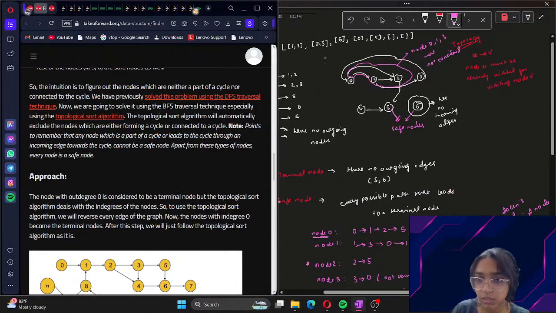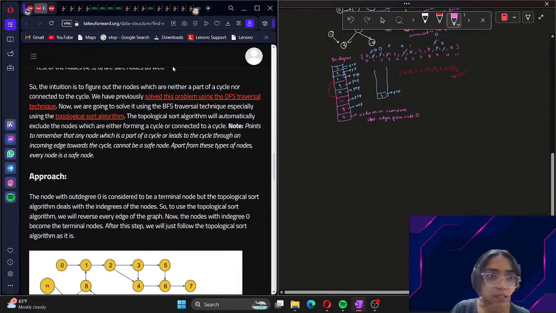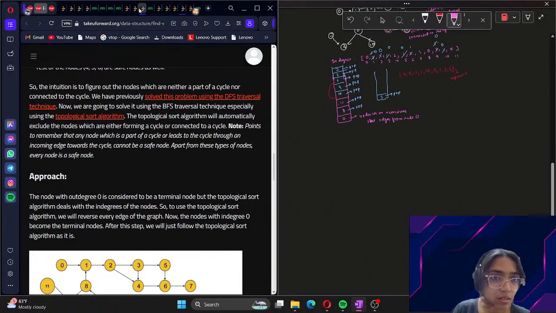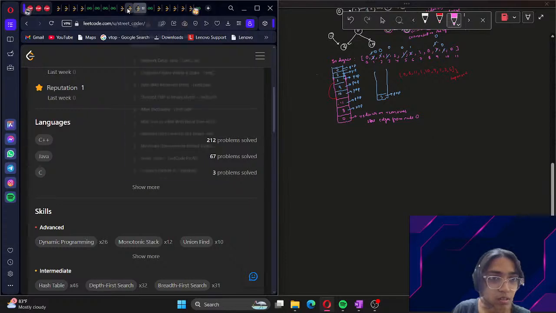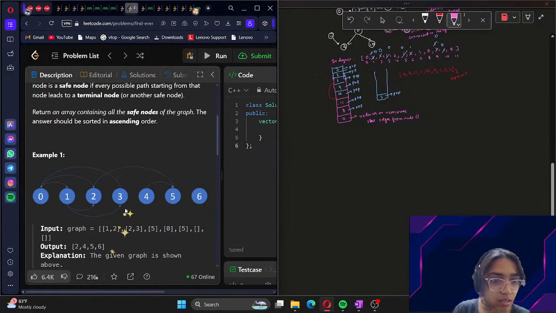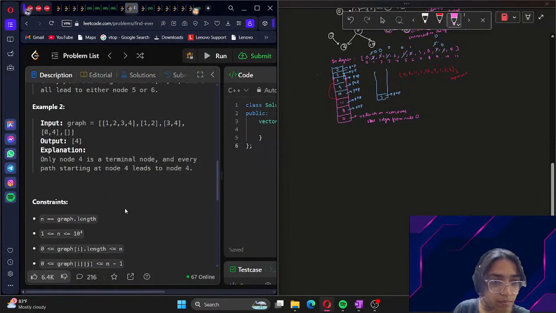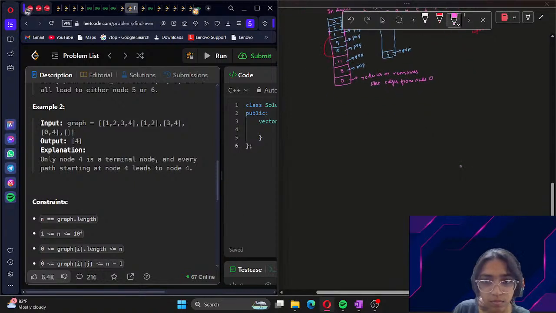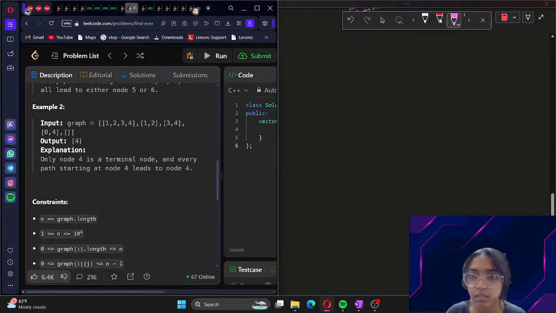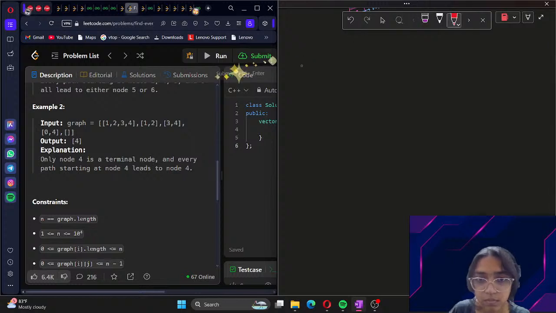So let us see it with this example only. So, which one was this? Okay. Let us take this example and see if our approach is gonna work.